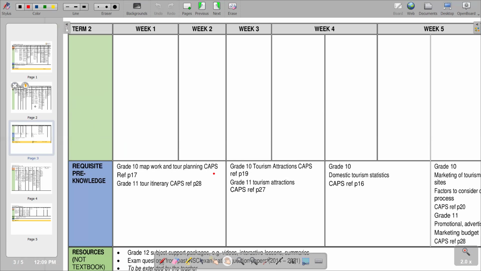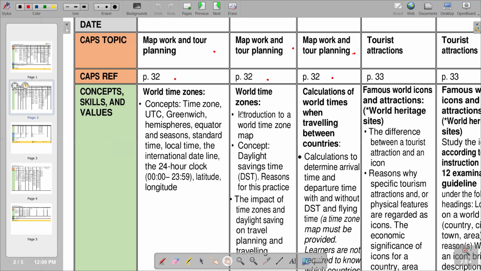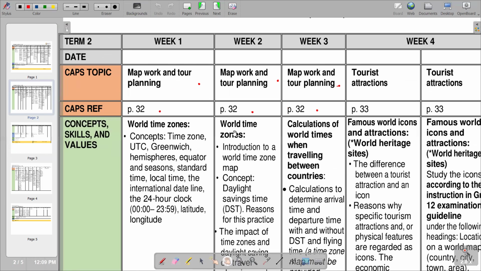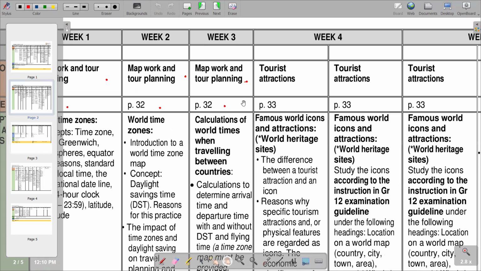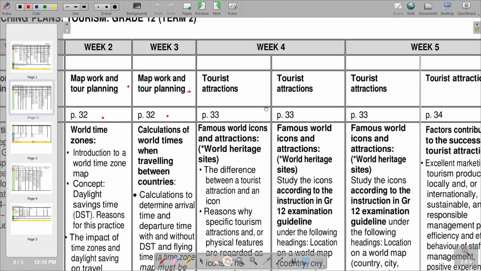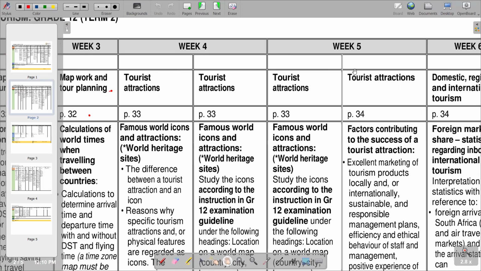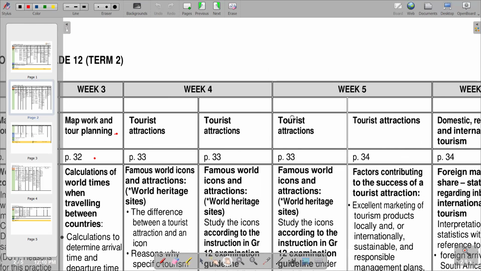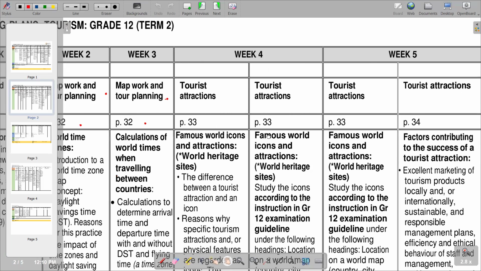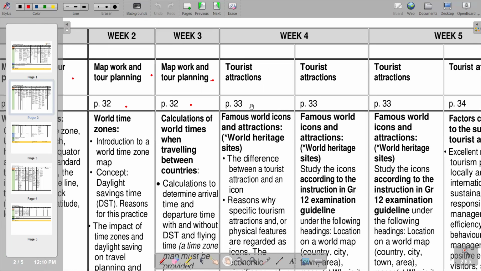Then we move on to our next week, which is going to be our week four. Week four is now on tourist attractions, which is going to stretch from week four into week five. We are going to look at tourist attractions, whereby we see that the CAPS ref is page 33.